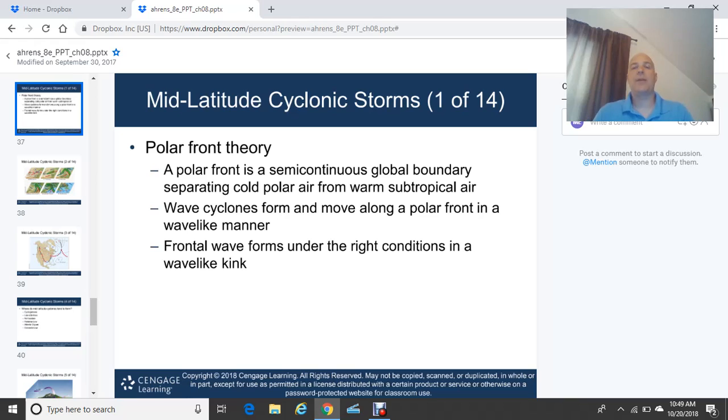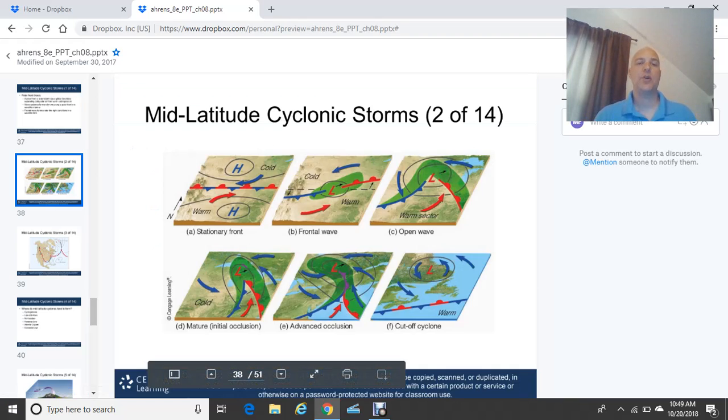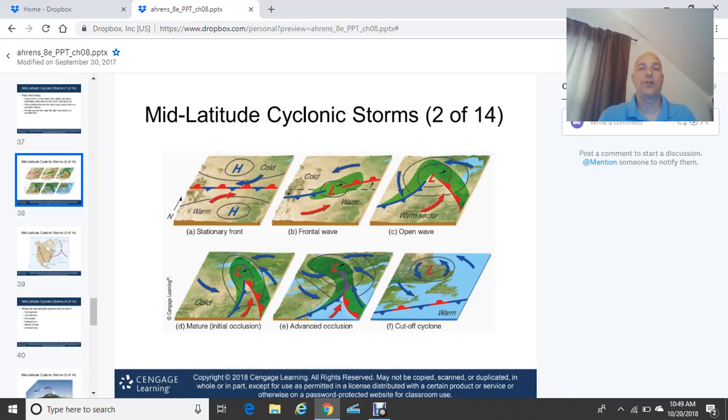So I want you to think about that polar front being a semi-continuous boundary that separates warm subtropical air from the mid-latitudes. It separates that air mass from colder polar air from the higher latitudes. These frontal waves form under the right conditions in a wave-like kink. All right, you see like a little bending or a kink in those isobars. Okay. Let me show you an image of what happens here with the polar front theory.